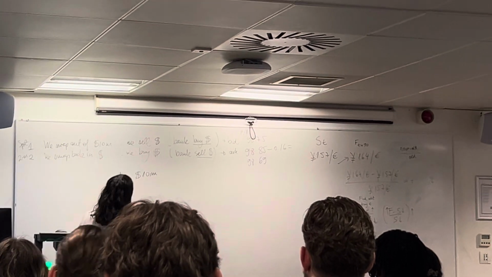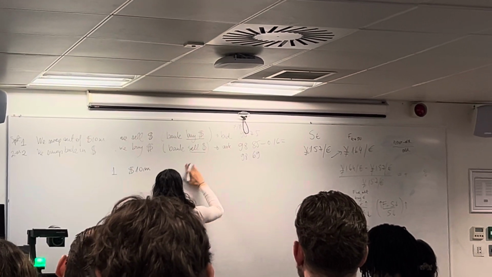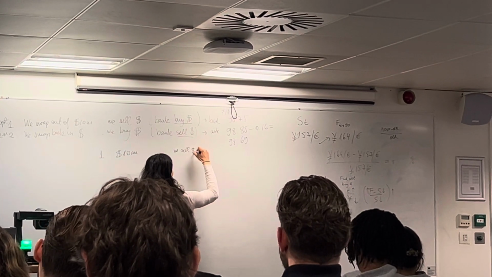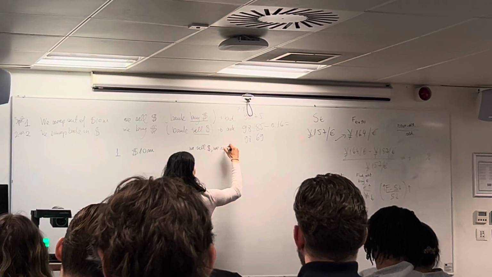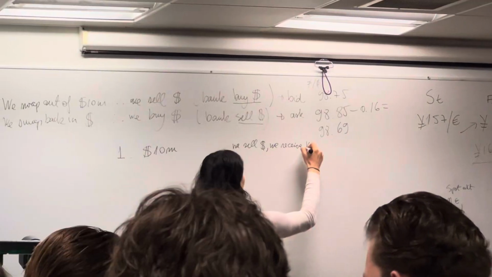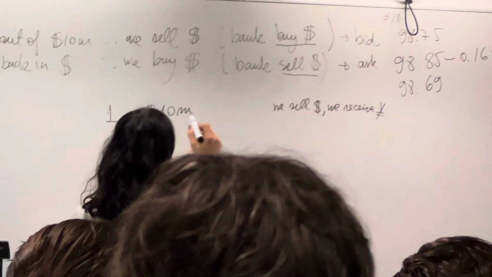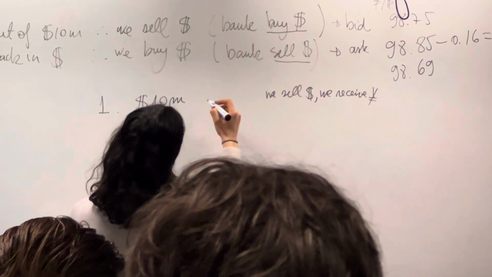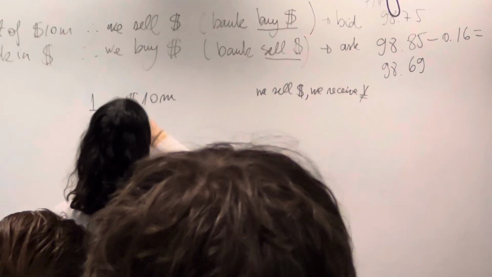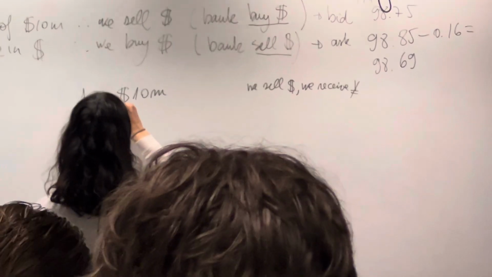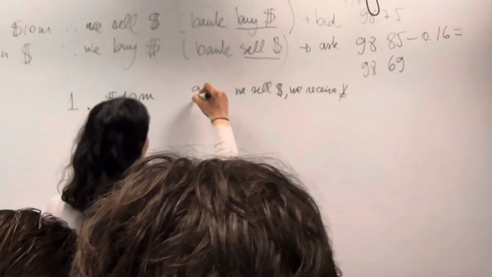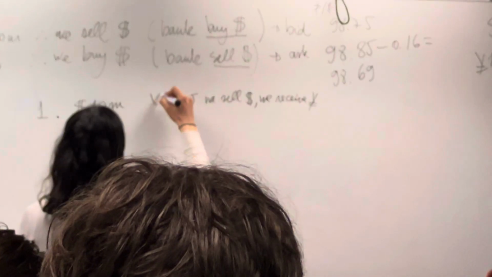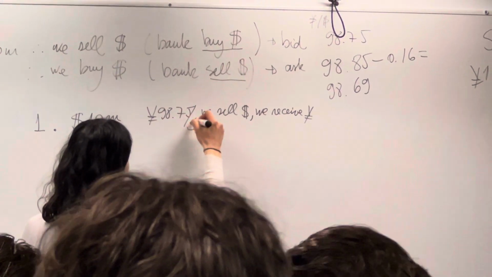So we sell dollars and we receive yen. So $10 million, how much yen do we receive? Do I multiply or divide? Multiply. Yes, we multiply because the dollar is at the denominator.